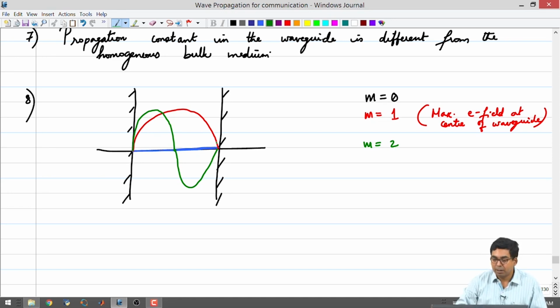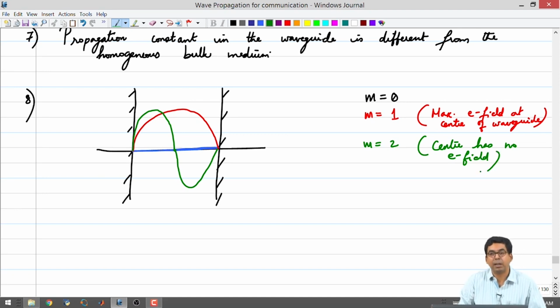We notice that m equal to 0 had no peak, m equal to 1 had one peak, m equal to 2 had two peaks, one in the positive and one in the negative direction. Also, m equal to 2 is a case where the center of the waveguide has no electric field. We can also go one step further and say that the red color profile that we have drawn is symmetric about the center of the waveguide.